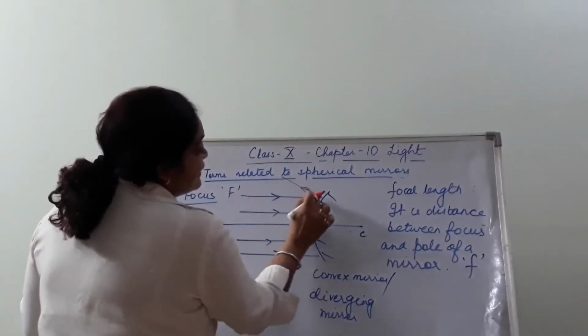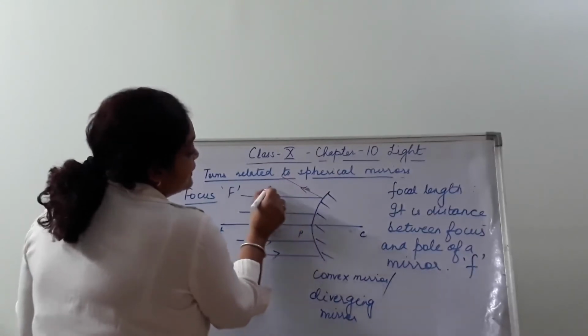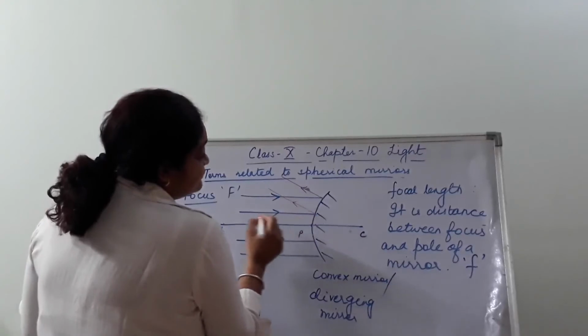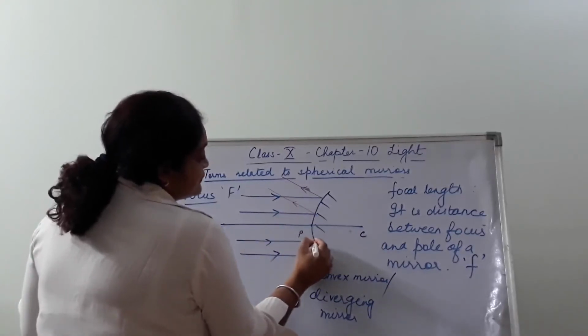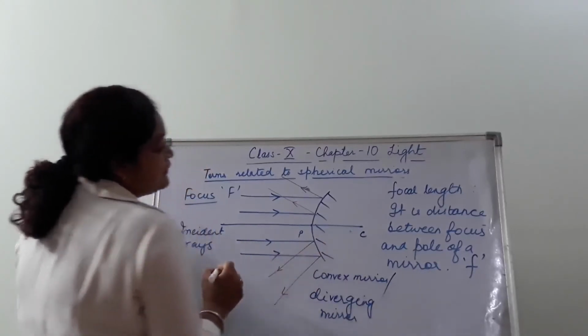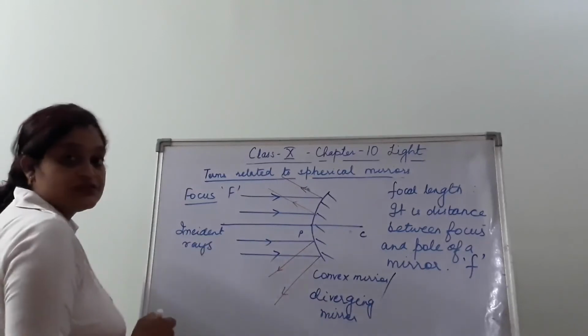This is the incident ray and this is the reflected ray. This is another incident ray, and this is the reflected ray. So you can see the reflected rays are diverged.